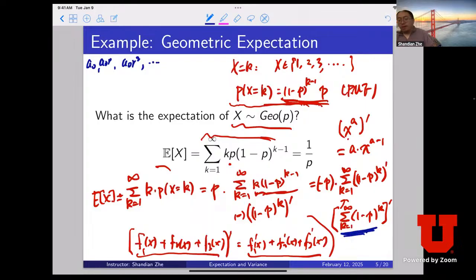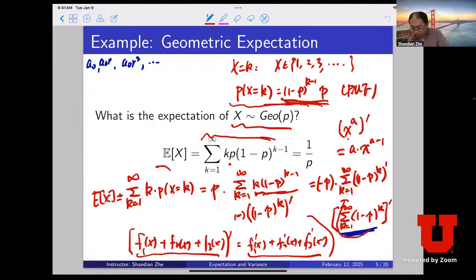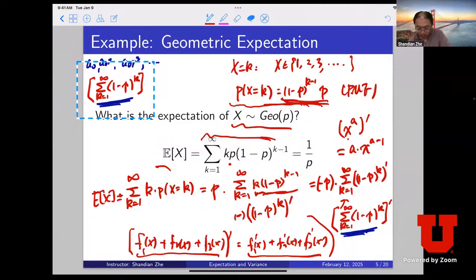That means we can apply the formula to compute the geometric sum, which is the first term.